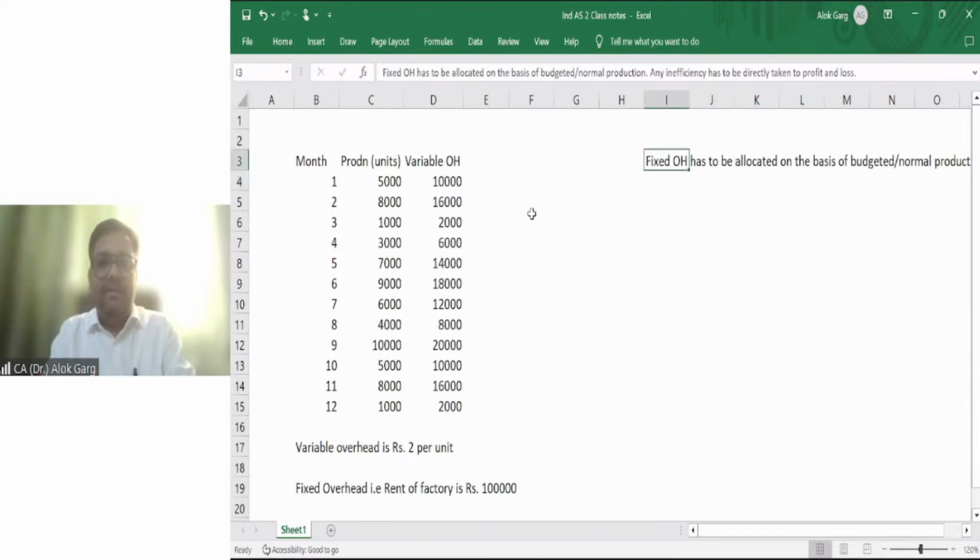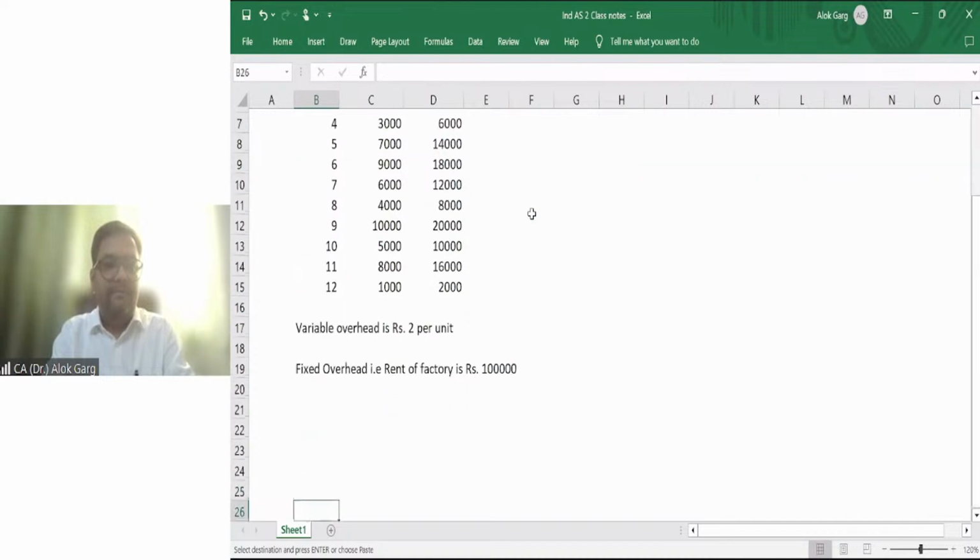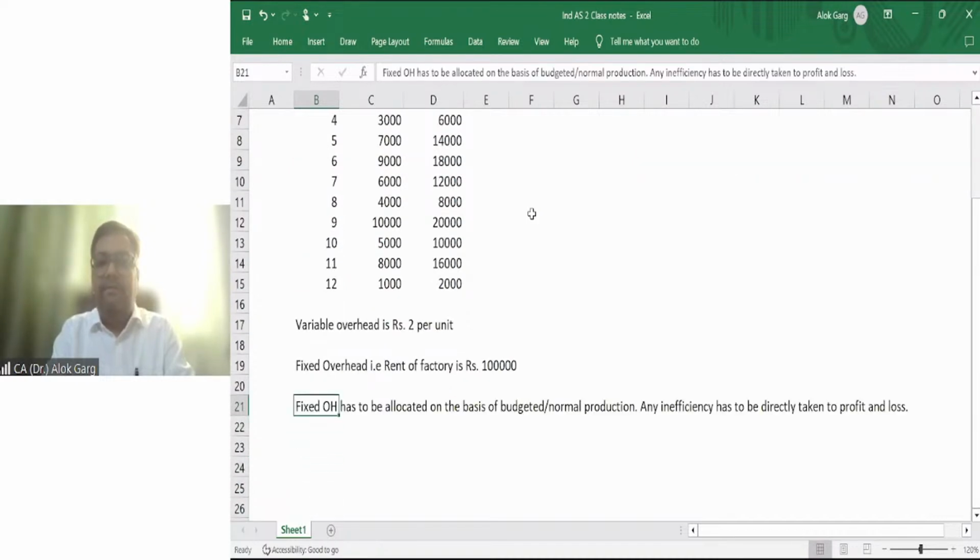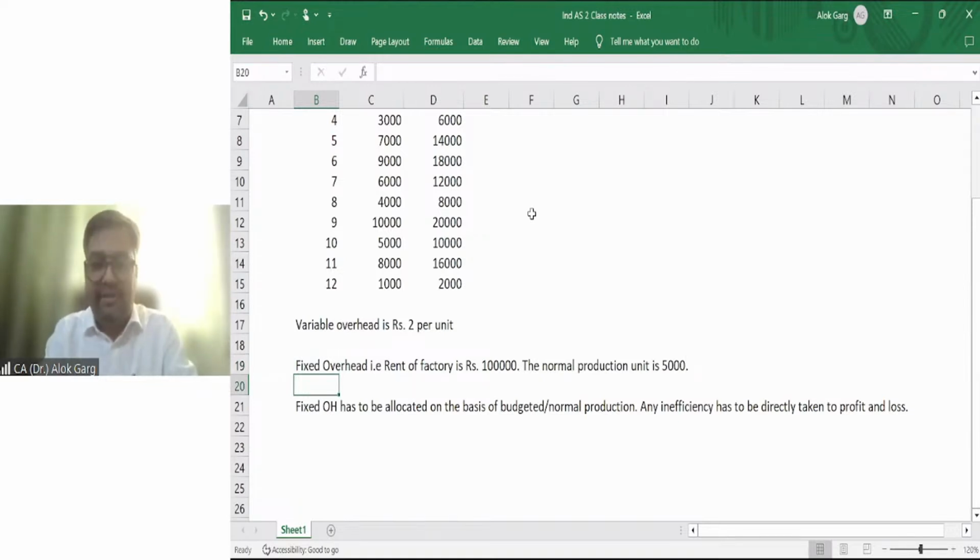Sir, what does this mean? Understand. Let's say fixed overhead, that is rent of factory, is rupees 1 lakh. And it is given that the normal or budgeted production unit is 5,000.